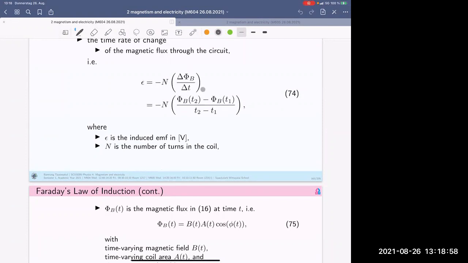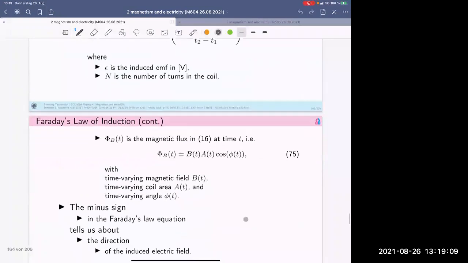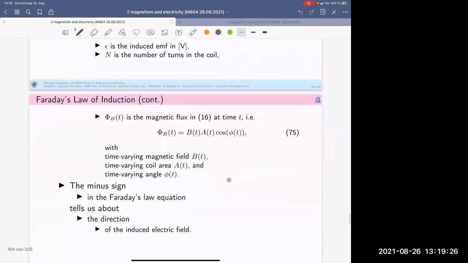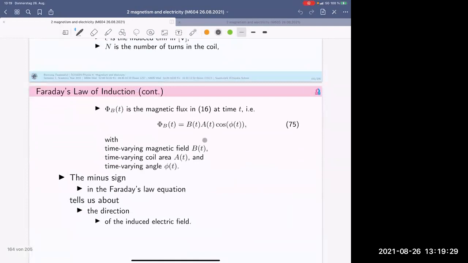If you want to see the expression of phi B from the beginning of this chapter, it's B A cos phi, right? Phi is the angle between the normal vector of that conductor and the magnetic field direction, vector B and vector A. It is the dot product between vector B and vector A, that's why we get cosine.